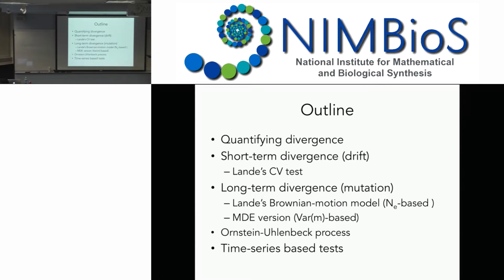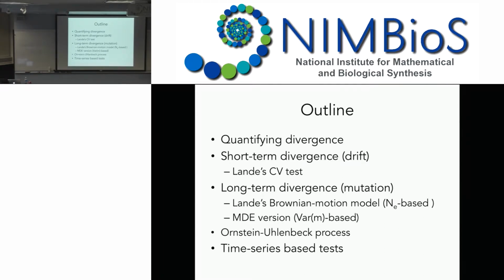I want to talk about how you quantify divergence. I want to talk about the short-term divergence. That's simply due to drift partitioning the variation that's there. I want to talk about the long-term divergence. This is due to mutation pumping in new mutations. So I've got Lande's Brownian motion model, which depends upon the effective population size. I've got the mutation drift equilibrium model that depends upon the mutational variance.